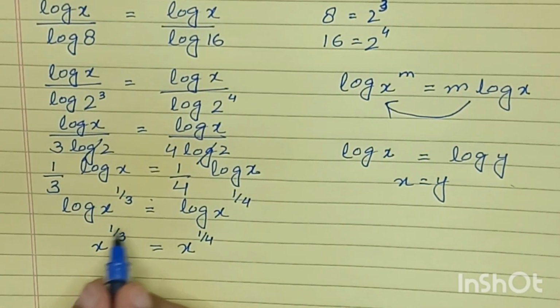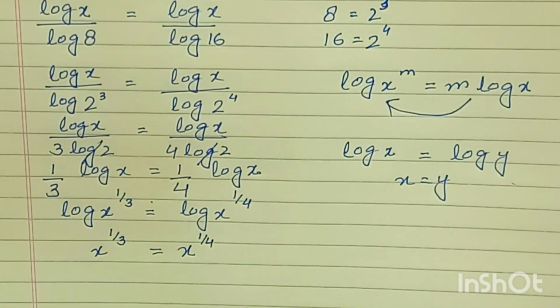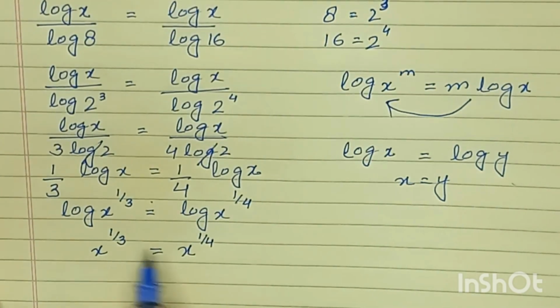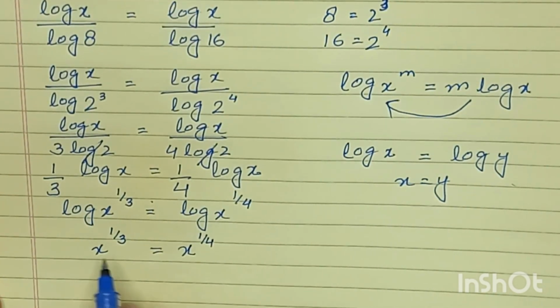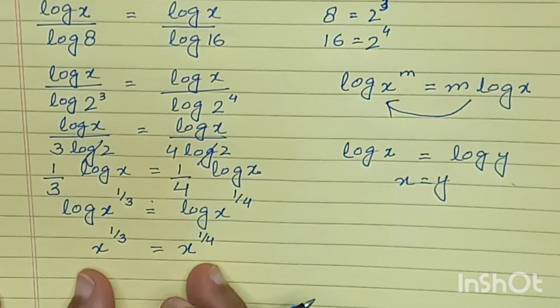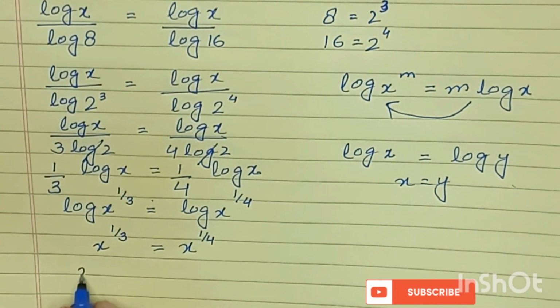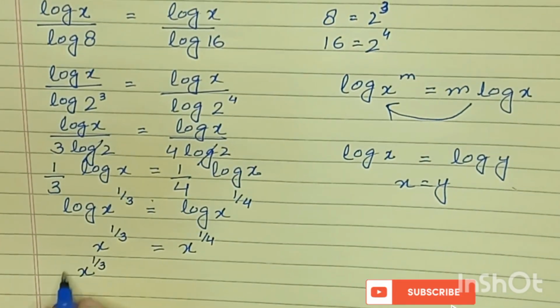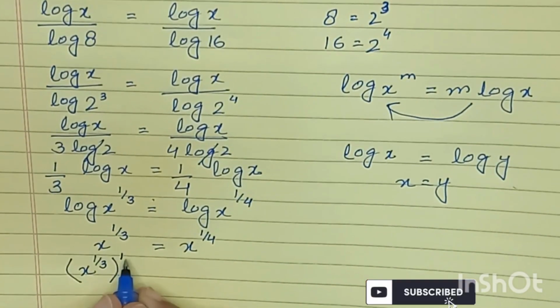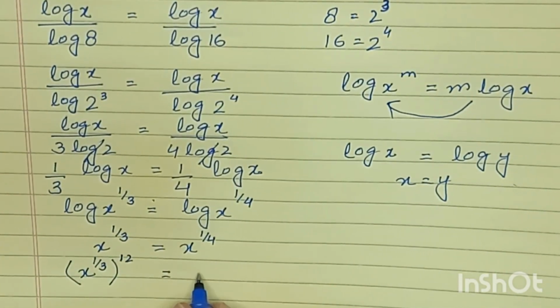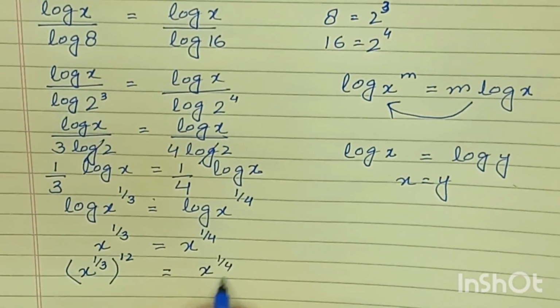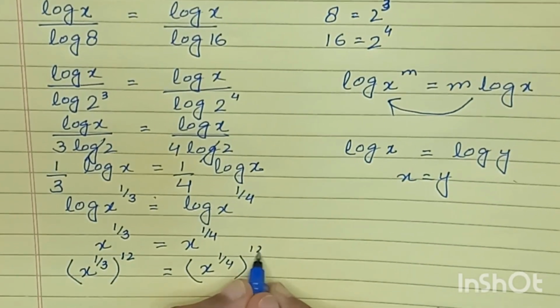Now here we have powers 1 divided by 3 and 1 divided by 4, and their common multiple is 12, so we will raise both sides to the power 12. So it will become x raised to the power 1 divided by 3, whole raised to the power 12, and x raised to the power 1 divided by 4, whole raised to the power 12.